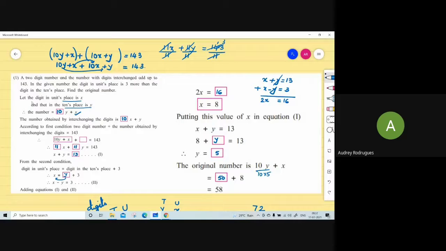But when you have a question like this, you have to write all these sentences. Everything has to be written how it is given. And wherever there is a box, you will fill the answer. So you have to write from let till 58. All this you have to write. You just cannot write box 1, 10, box 2, box 3, box 4. No, you cannot write like this.